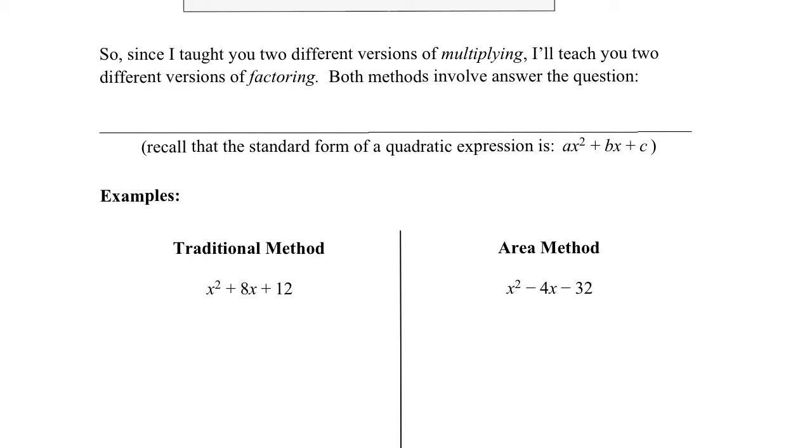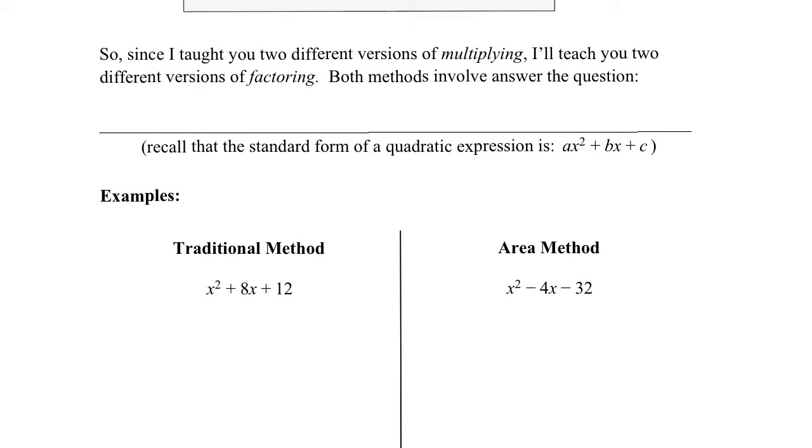And before I ask the question, we need to remember that the standard form of a quadratic expression, quadratic means it has x squared in it, is ax squared plus bx plus c. And a, b, and c are just numbers, okay?